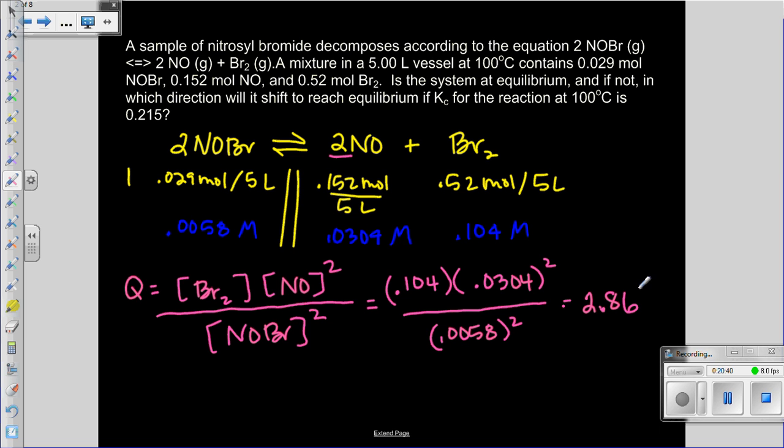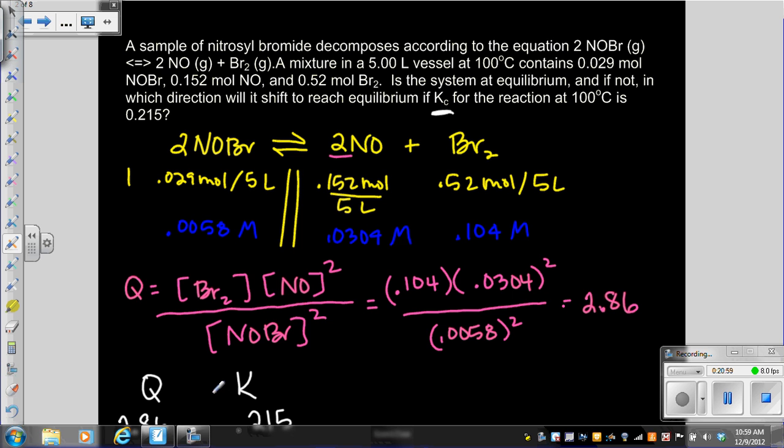Okay, so now that I have Q calculated, I want to compare Q with K. I know Q is 2.86, and I look up at the information I'm given, and K is 0.215.